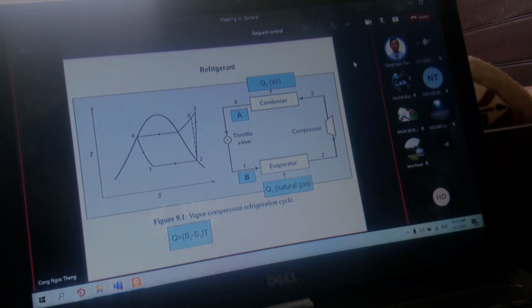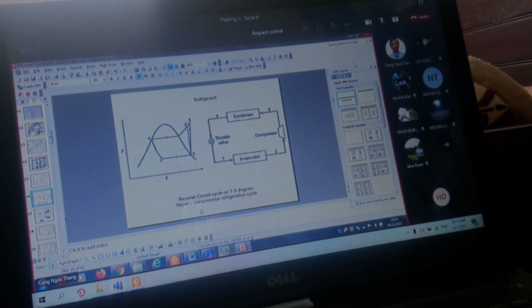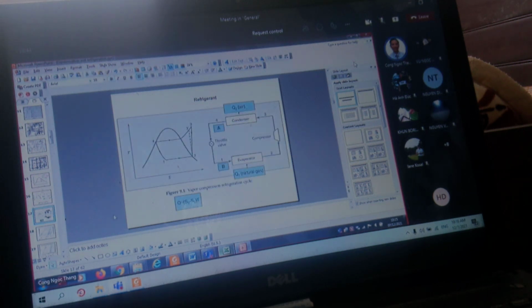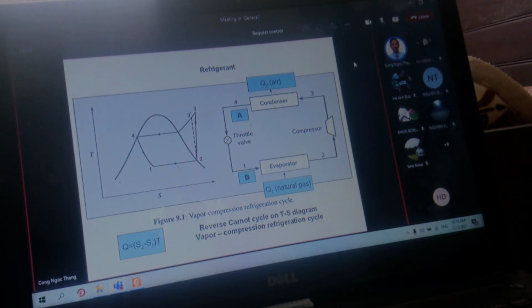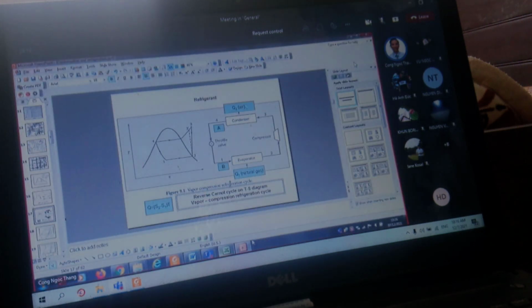Could you help me draw this figure, please? Remind about this figure. It is the same. This is the outside.